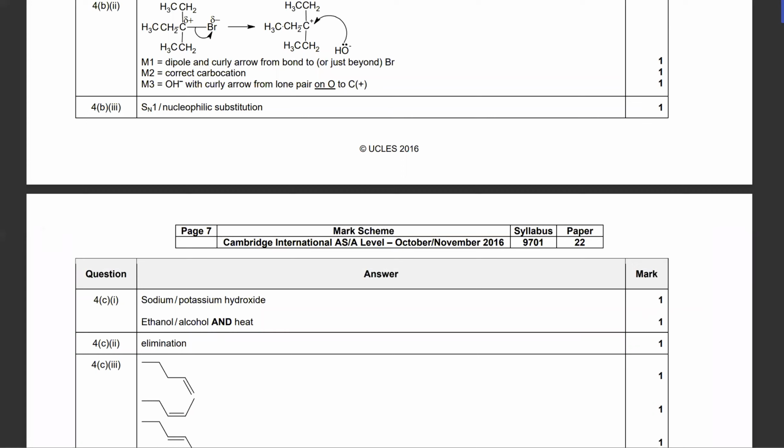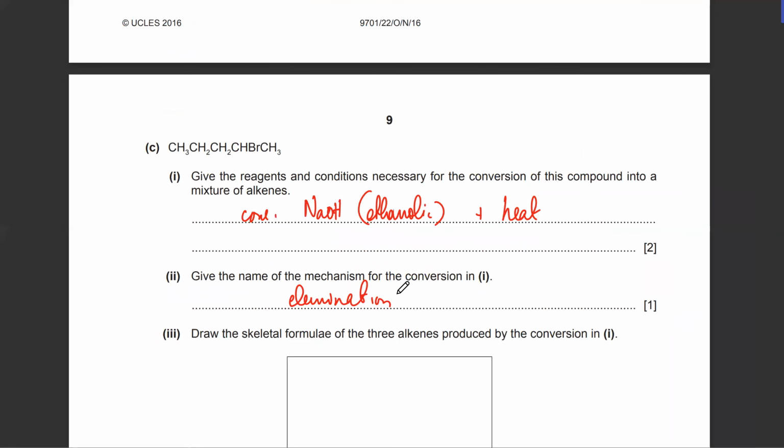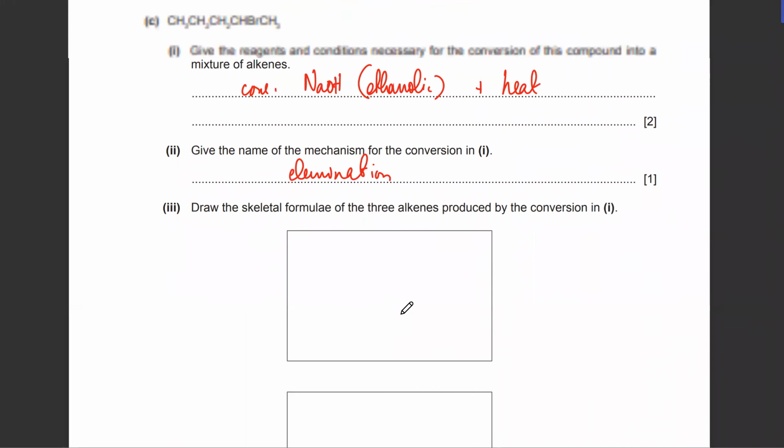Because the mechanism isn't in the syllabus, but it's just written elimination here. So they weren't really looking for any details about whether it was nucleophilic or whatever, just elimination. Draw the skeletal formula of the three alkenes.